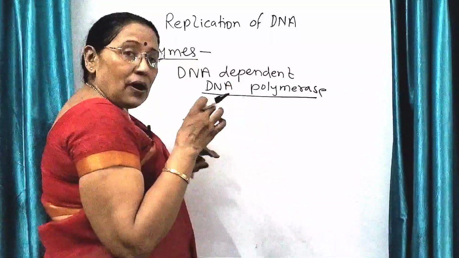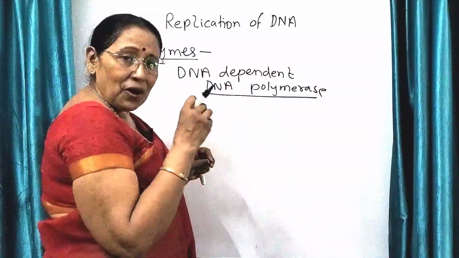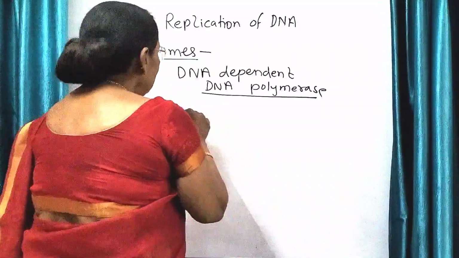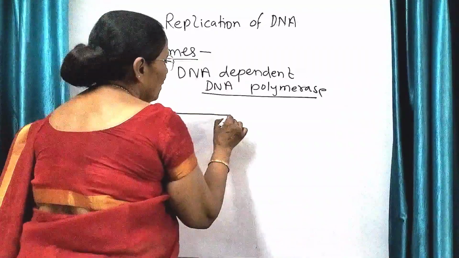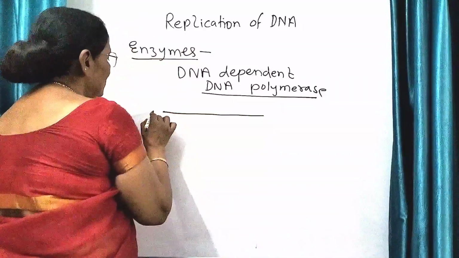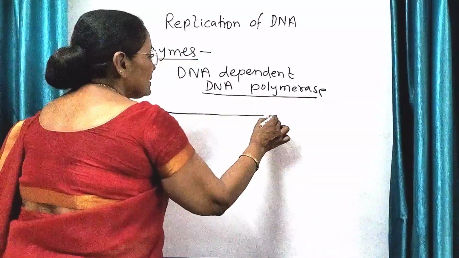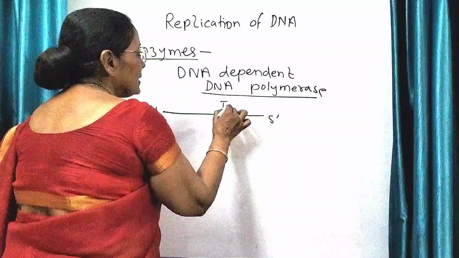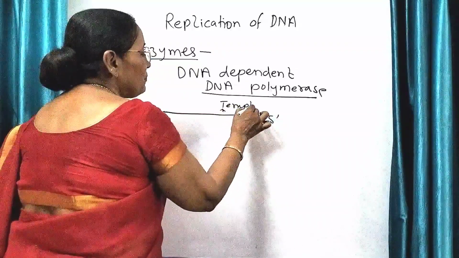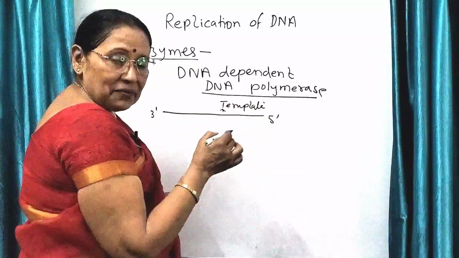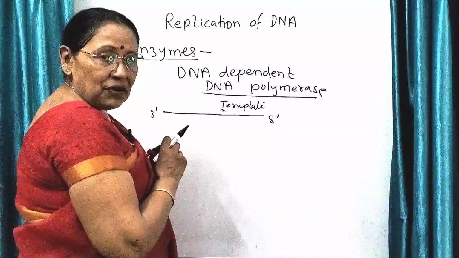Now, for that polymerization to form the new strand, it needs the help of one of the strands of DNA. This is the template strand. Just as you have seen, on one of the old strands of DNA, the new strand is formed.